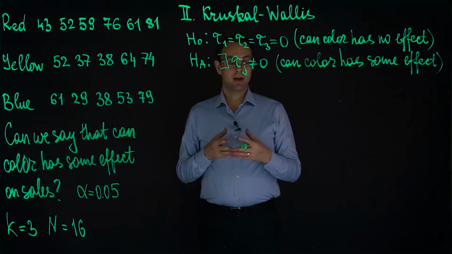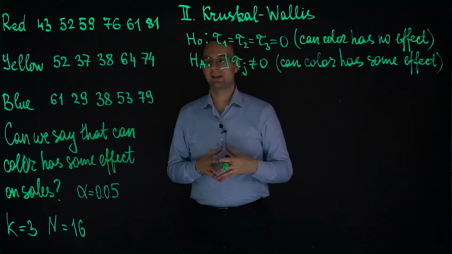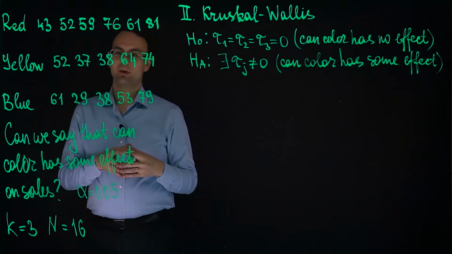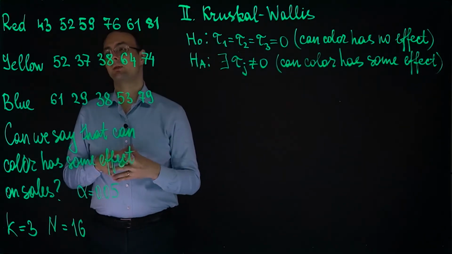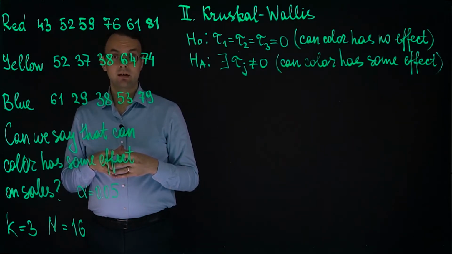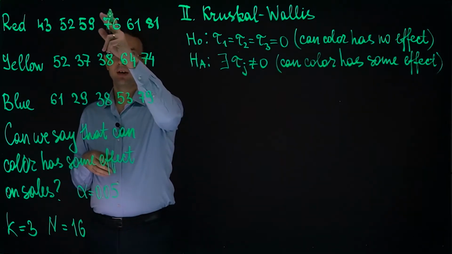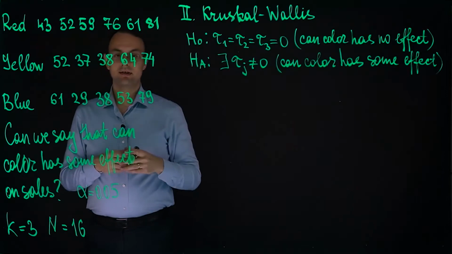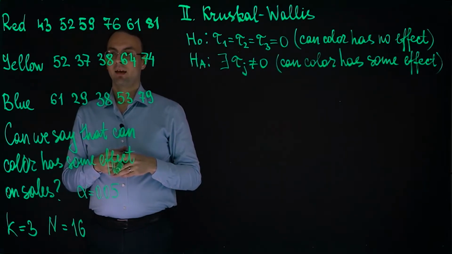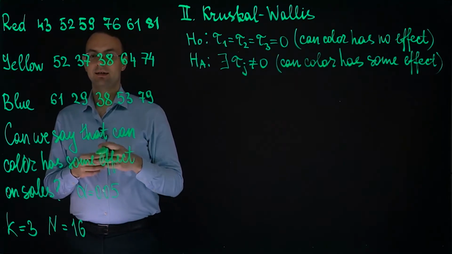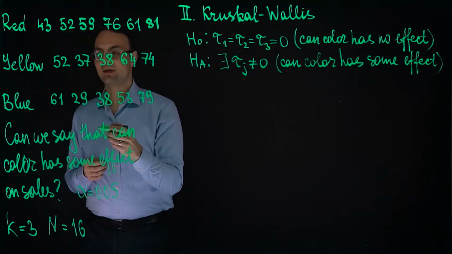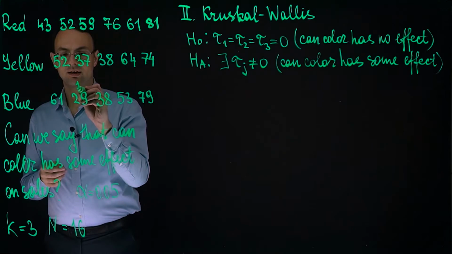After we know what hypothesis we are testing, the first step when we apply the Kruskal-Wallis test is to rank our observations. We have 16 observations, and we are to rank them. Which one is the least? This one, 29, is the least one, so its rank is 1.